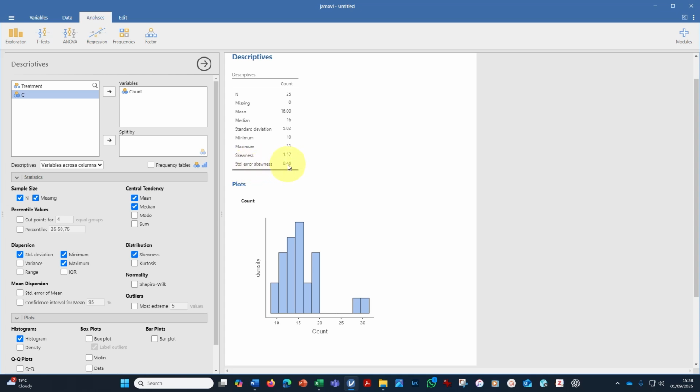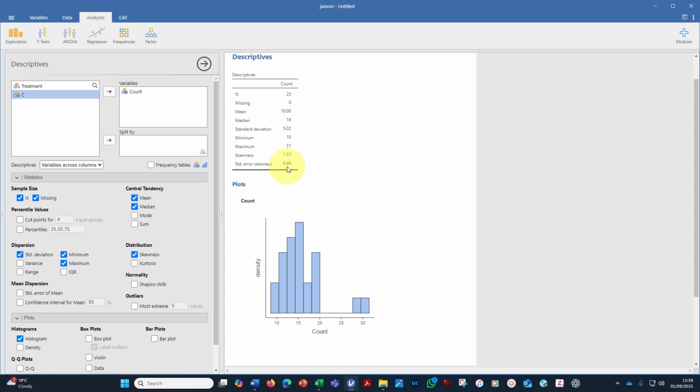That's important because if we want to do a very precise measurement of whether skewness is telling us that this is normally distributed or not, we take the skewness and divide it by the standard error. If that value is between minus 1.96 and positive 1.96, because this could be a negative value, then it would be normally distributed.